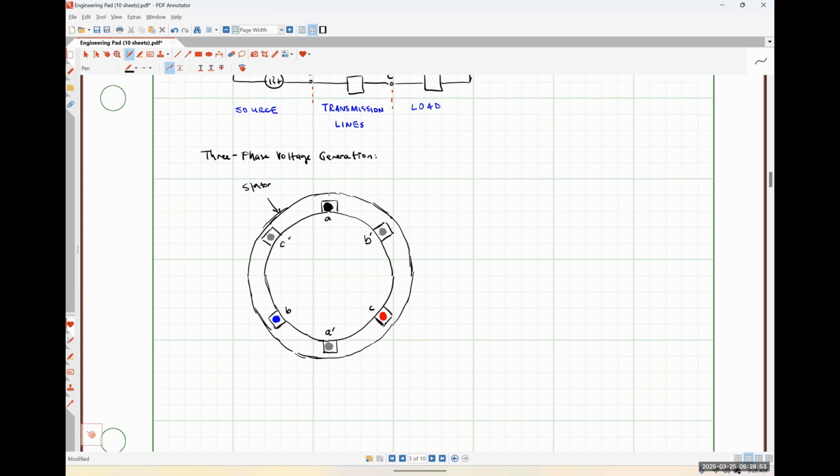So that's my stator, and now I'm going to show how these different parts are wired together, okay? So I'm going to have access to this A terminal. So that's going to be the A terminal for my voltage source. I'm going to have access to my C terminal.